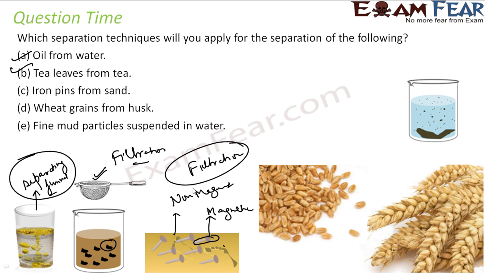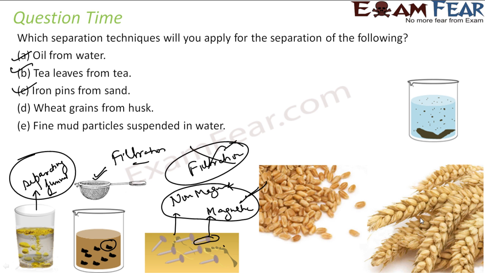But if the iron particles are very small, almost the same size as sand particles, then you can't use that, because whatever filter you use, both sand and iron particles will pass through. So you have to use magnetic separation. But if there's a difference in size, you can use filtration. Here I will go for the magnetic property because that solves both purposes. In all the scenarios, this will work.